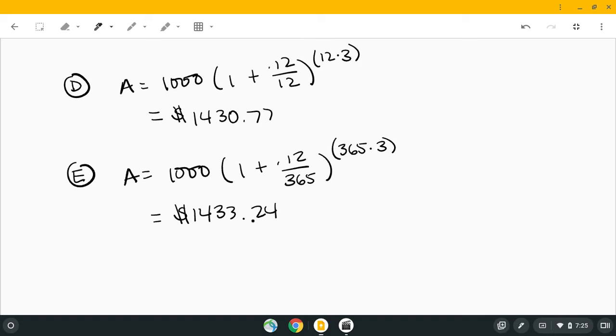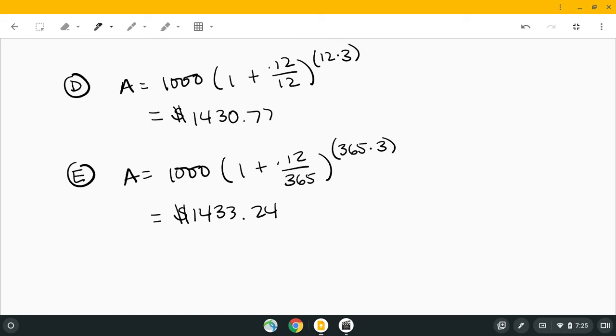If you never invested before, what this is saying is that you had $1,000 and you let it sit in this account for 3 years, and your $1,000 made money for you. It earned some interest here. Your $1,000 earned you an extra $433.24.